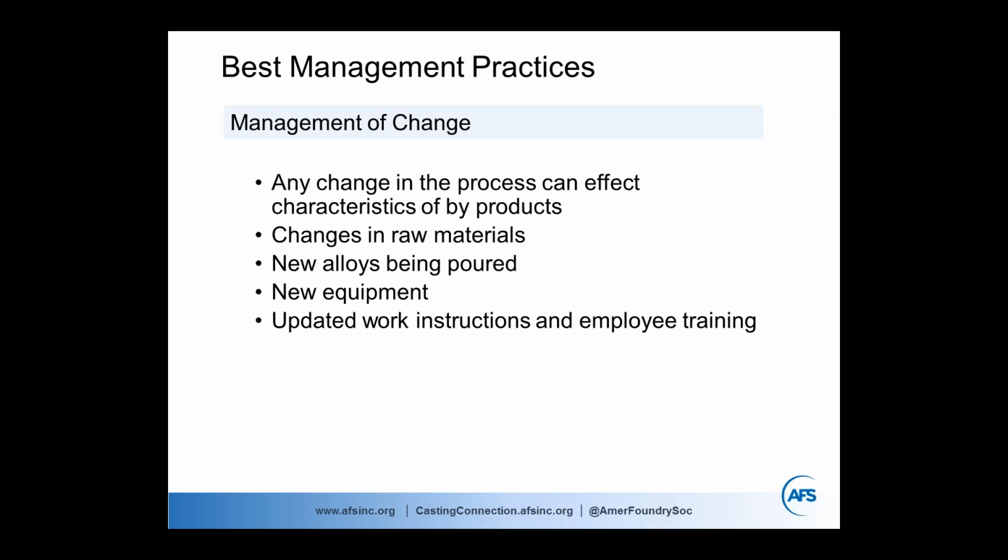So now that we've put a lot of effort into not just understanding our material, but making sure that we're keeping an eye on how it's being used and exerting control over that, we don't want to ruin all that later by some change in our process. So another important area is just management of change. Make sure that you're keeping an eye on any changes that might be in your process, whether it's the process itself, changes in raw materials, different alloys, or new equipment you put on site.